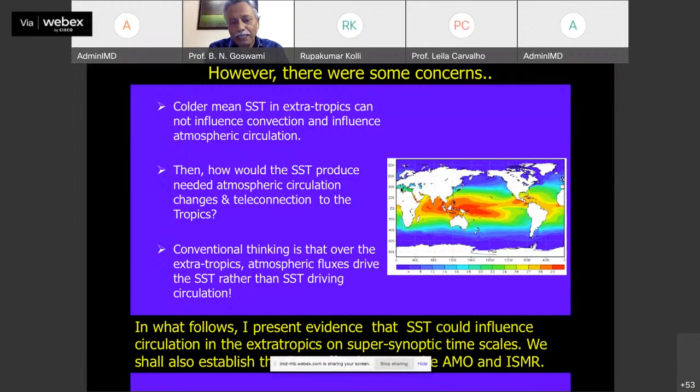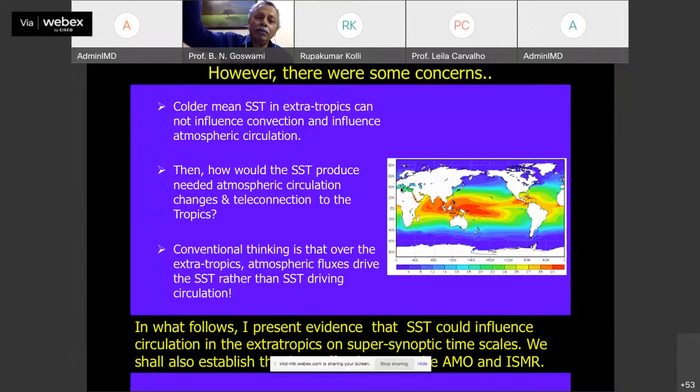In the next few slides, I'm going to show that, in fact, SST can influence the extratropical circulation, not on the synoptic time scale, but on the slower time scale, like supersynoptic, intra-seasonal, or seasonal time scale. In that time scale, SST indeed can influence vorticity and circulation, and that can produce a certain forcing in the atmosphere.